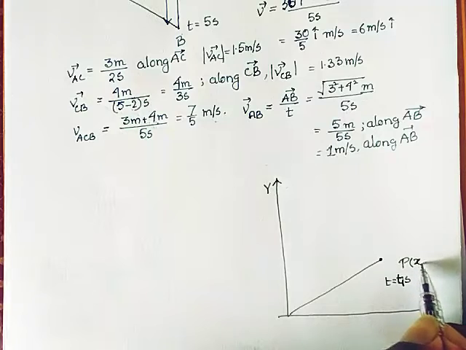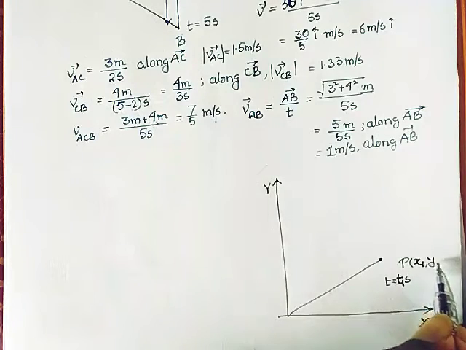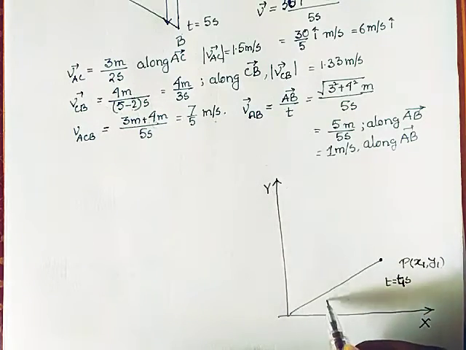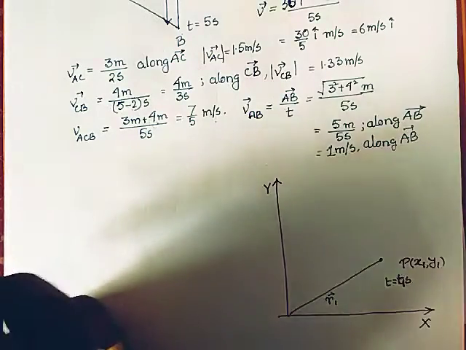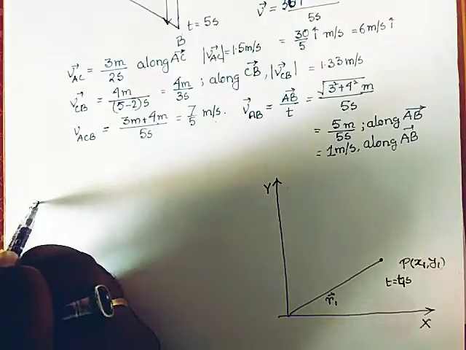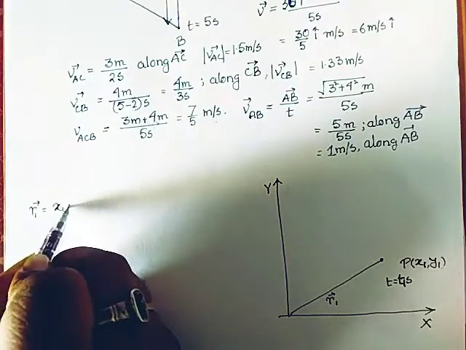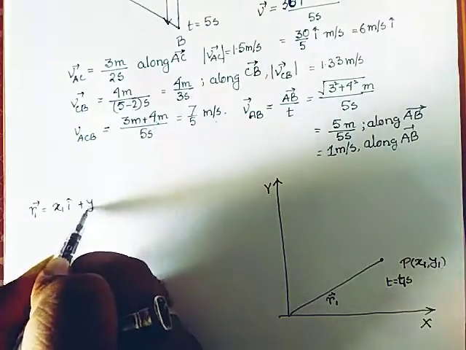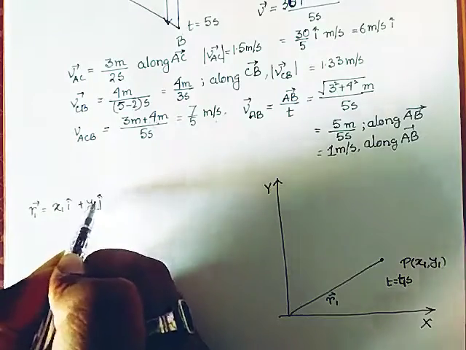The position of the particle is noted by the coordinates x1, y1. So the r1 vector denotes the position vector. So if I write down the position vector, then the r1 vector will be x1 i cap plus y1 j cap.